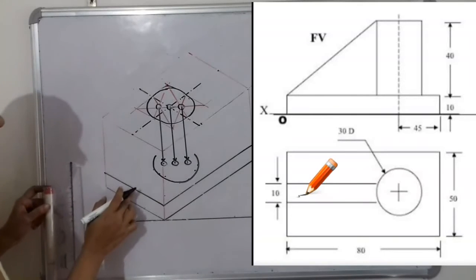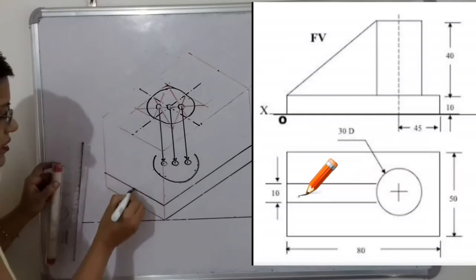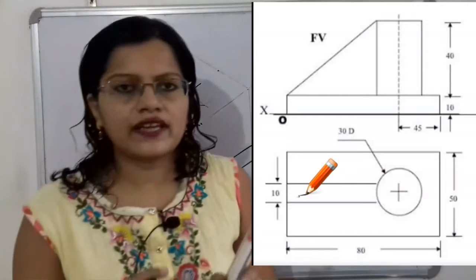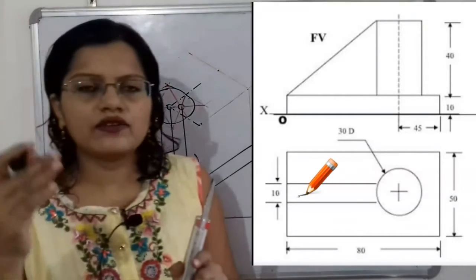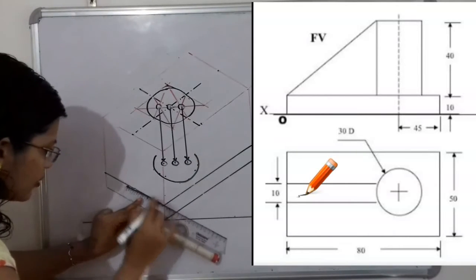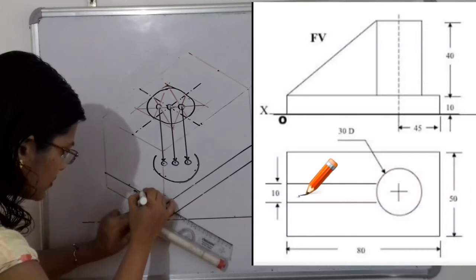So this is the middle point, and now from this point to this point, so this is the start point and this is the end point, there is the 10 millimeter width, that is 5 millimeter on both the sides. So we can take 5 into 3, that is 15 millimeter on both the sides. So how to take? 15 millimeter on this one side and 15 millimeter on this other side.